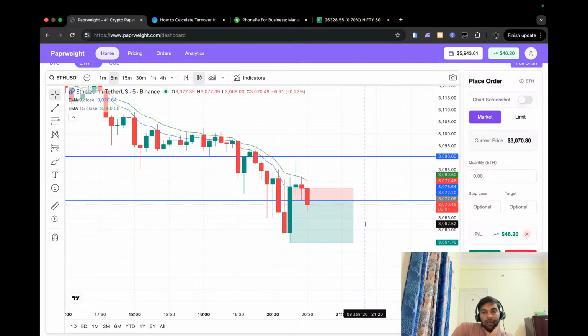Why did I take this trade? Because overall the momentum is in the downward direction, and I'm just making the best out of the market. Okay, nice.